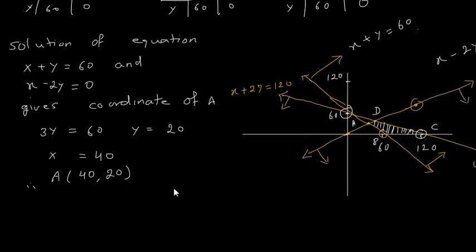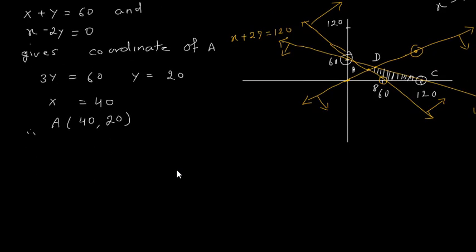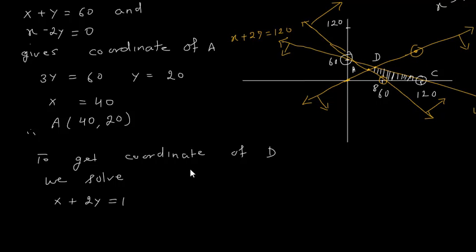Now to get the coordinate of point D, I will solve x plus 2y is 120 and x minus 2y is 0. So to get coordinate of D, we solve x plus 2y is equals to 120 and x minus 2y is equals to 0.